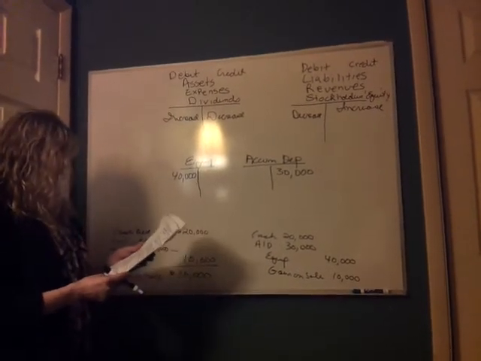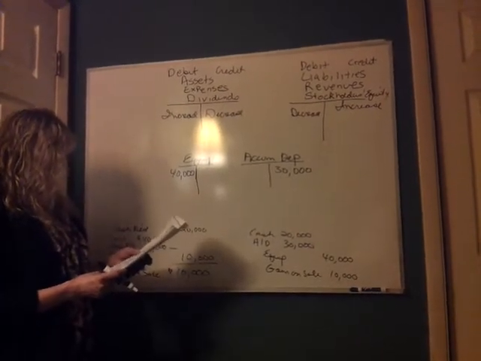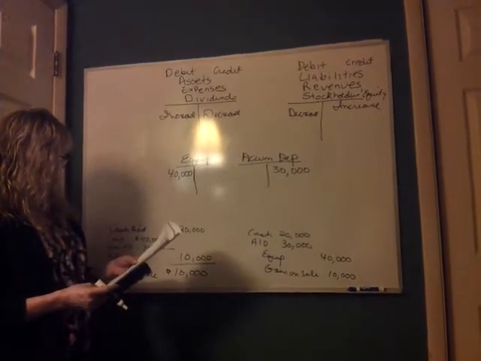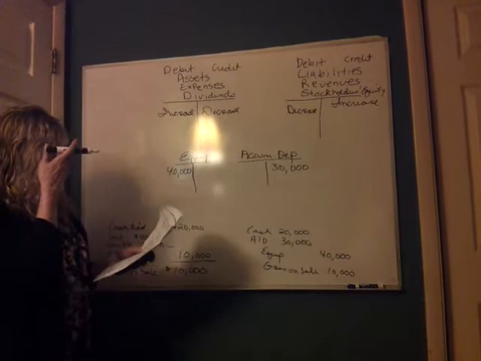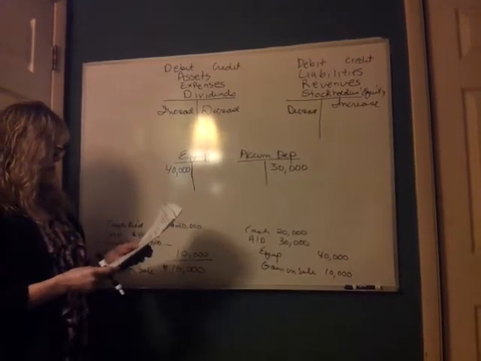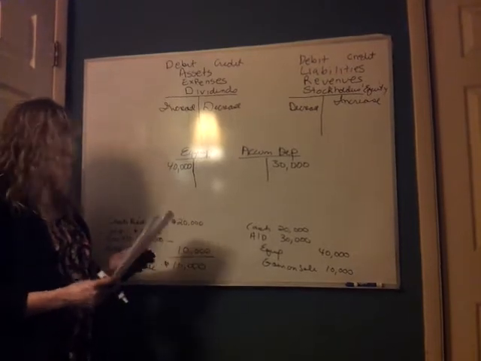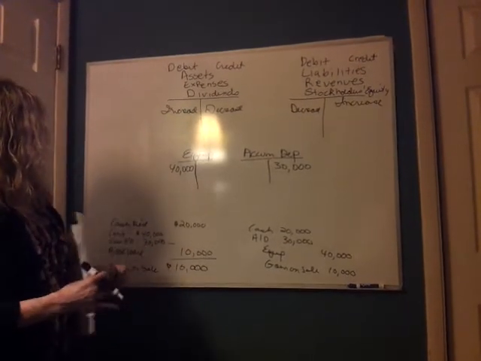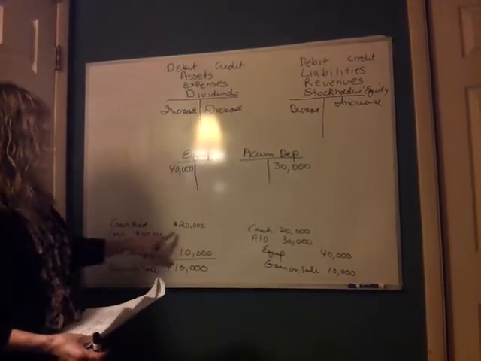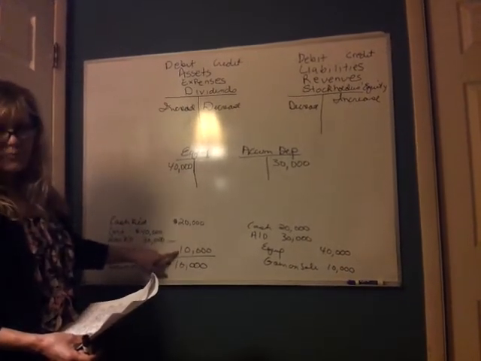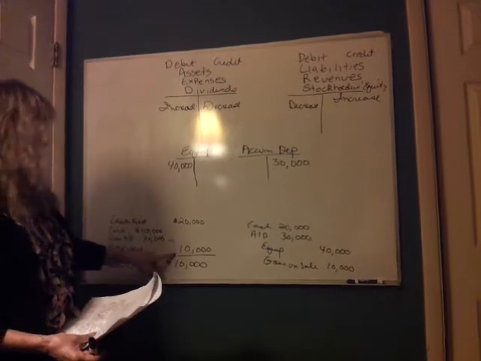So, for the first situation, we have B company sold equipment that originally cost $40,000 for $20,000. At that point in time, accumulated depreciation on the equipment was $30,000, and we want to know what's the gain or loss. You start off with the cash you received. We received $20,000. And then you subtract the book value of that equipment.